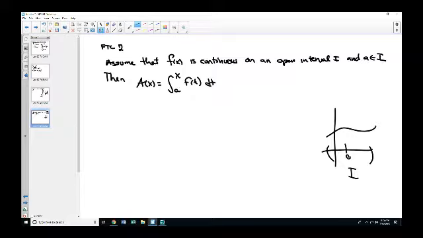Again, you can write this. What's that saying? A of x is, okay, there's another way to write it.